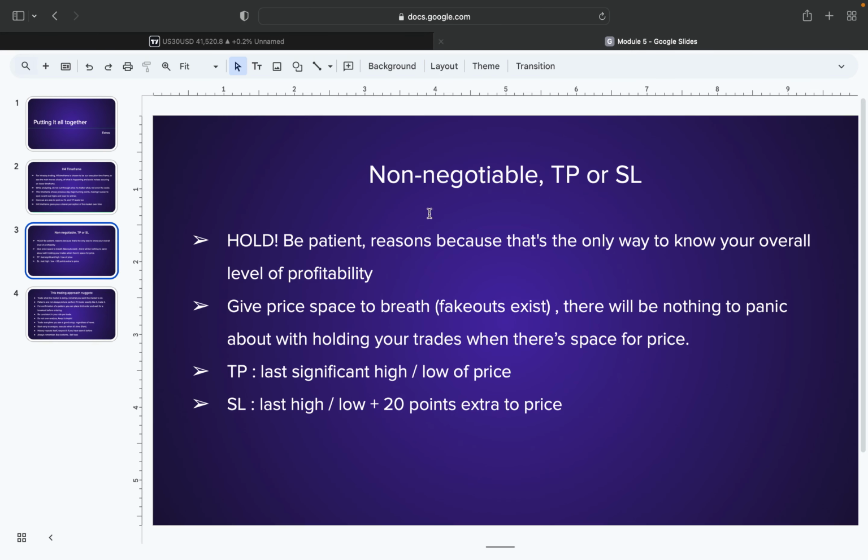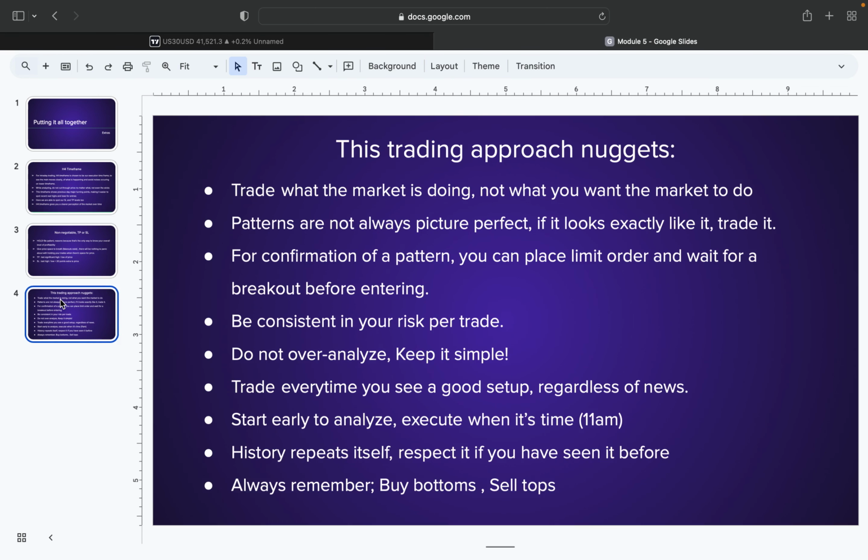So the next point is, I've explained our stop loss and the reason why we need to add extra 20 points to price. The next point is, I'm going to give you a lot of trading nuggets, and this is specifically for this approach.